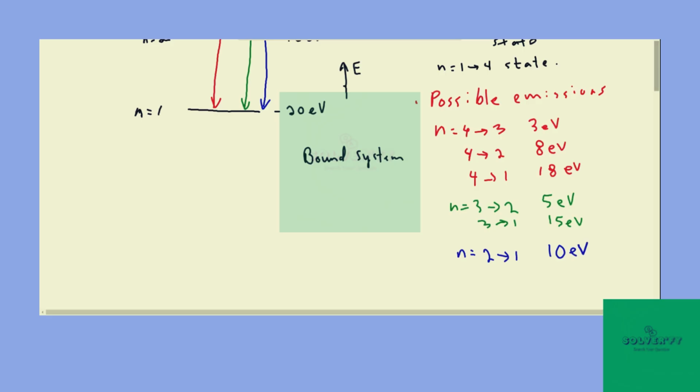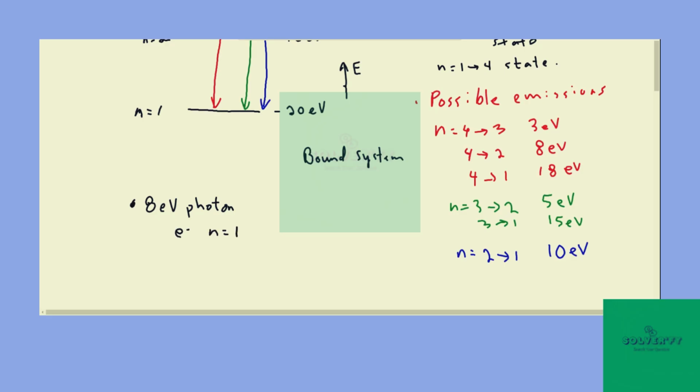Okay, so the next question is, suppose that the electron is in the ground state, and along comes an 8 electron volt photon. What will it do? So the electron is in n equals 1.